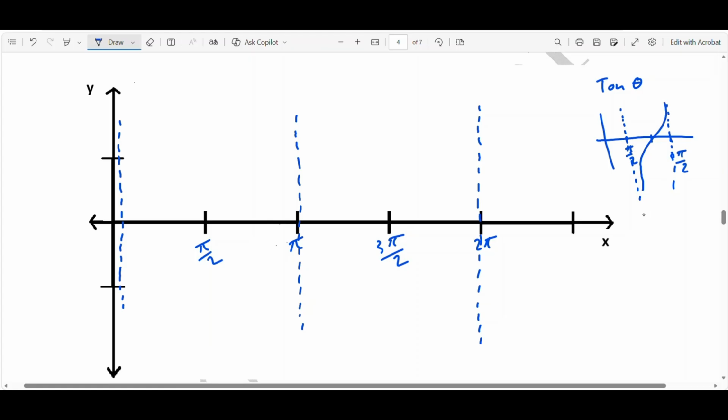Now, because I'm talking about cot, it's a downgoing graph. And it will intersect the x-axis at pi over 2 and 3 pi over 2.